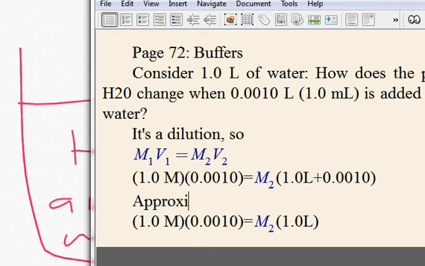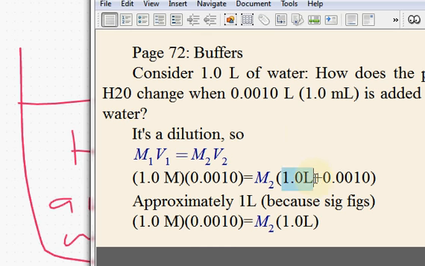Because of sig figs, this one's 2 sig figs, or 1 decimal place really because it's added. Basically, such a small addition, you don't even care. But it's good to be aware of what we're actually doing.